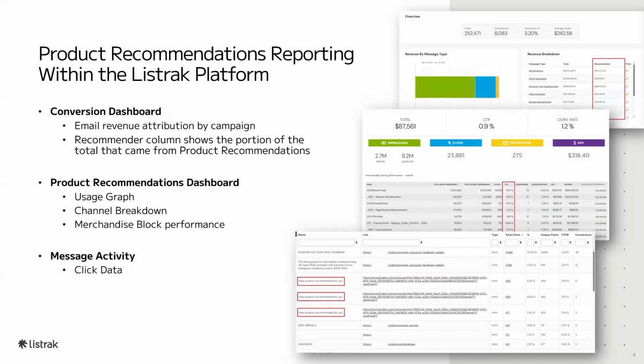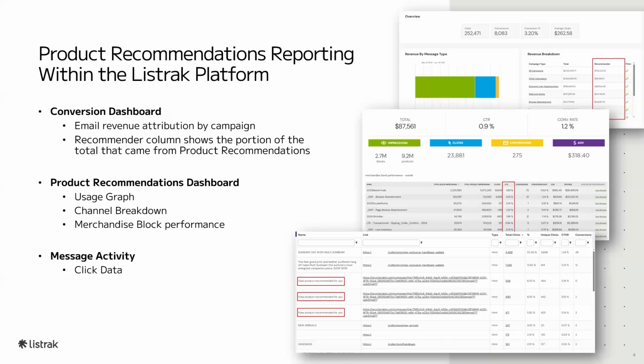Now, understanding that the product recommendations are a component of the email, and the email is the medium you're using to drive traffic back to your website, click-through rate is the most important KPI that I want to assess. So as you can see in that screenshot there, the CTR is highlighted. The way I like to assess it is by sorting that table by total block impressions, so I can see where the most product recommendations are being shown.